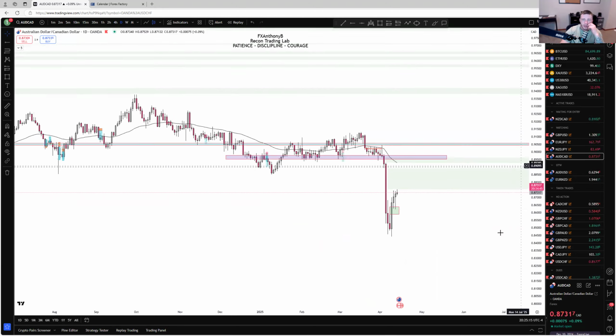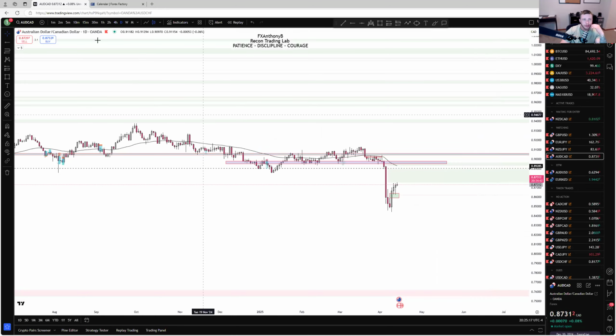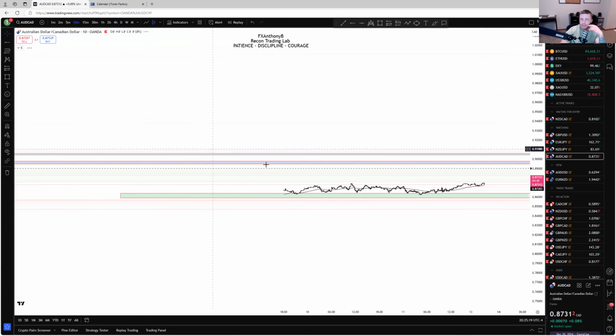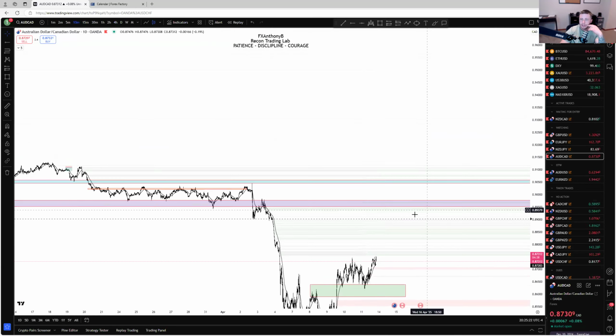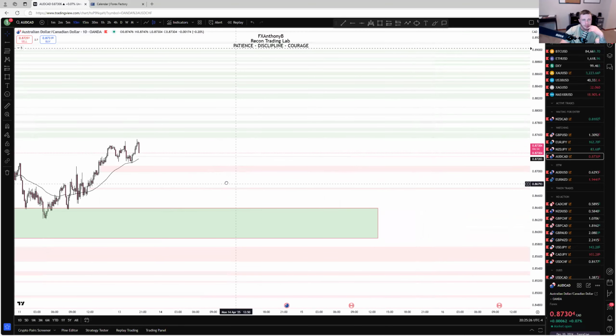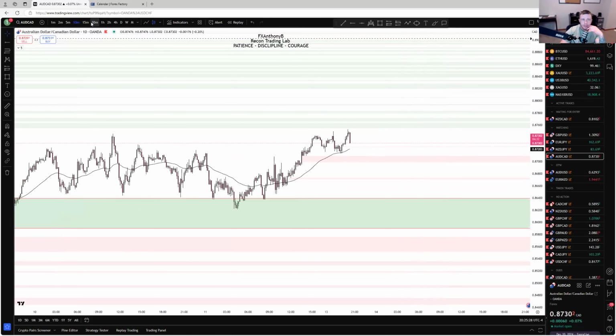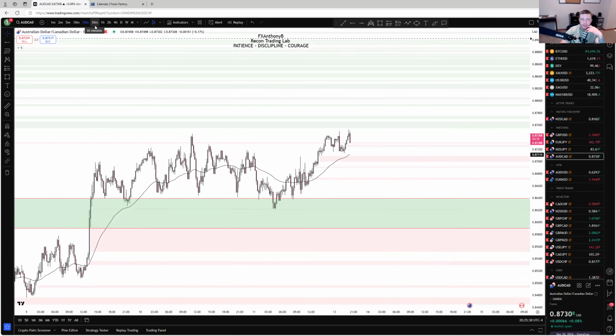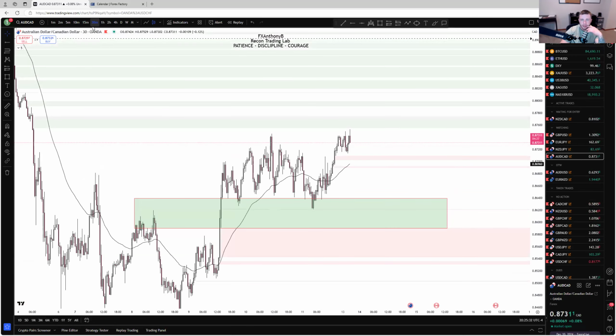I like this one. I like this one for the buys currently on lower time frames. Let's see what the 10-minute looks like here. 10-minute looks okay. 15, 30 looks rough. 30 looks like we're gonna have a pullback.